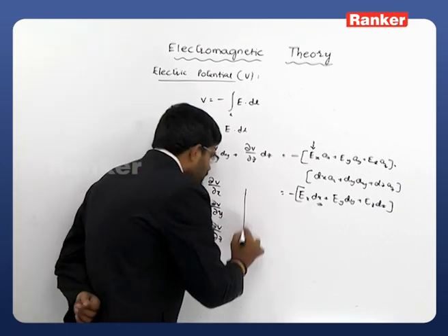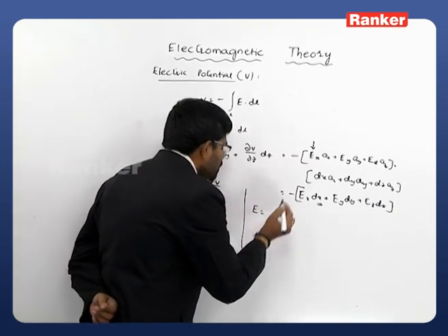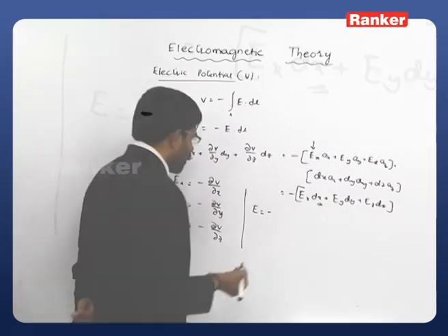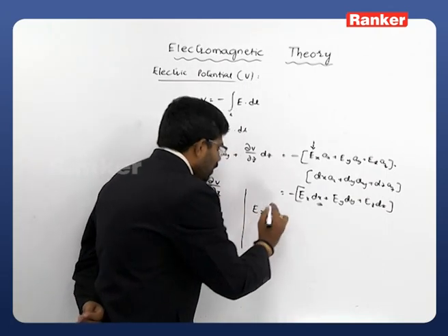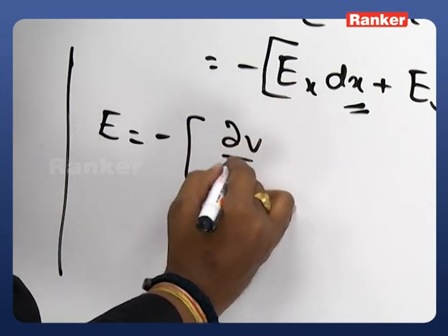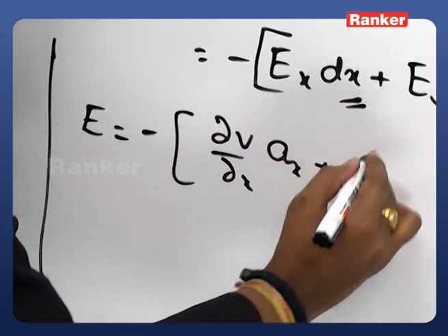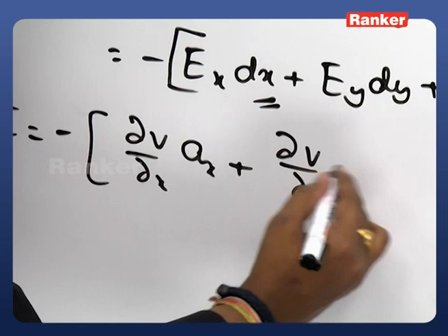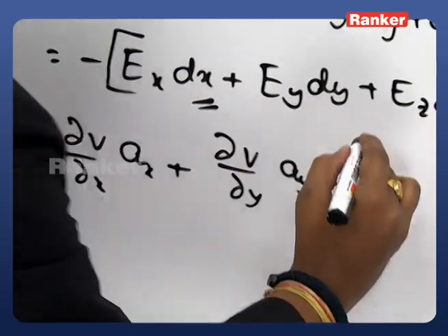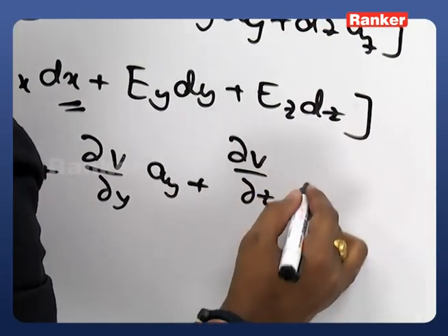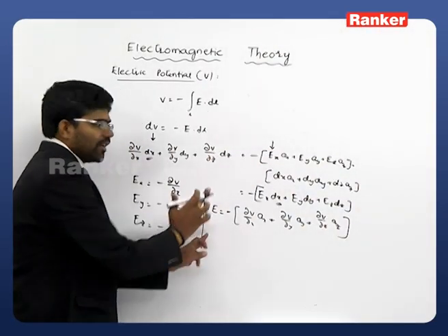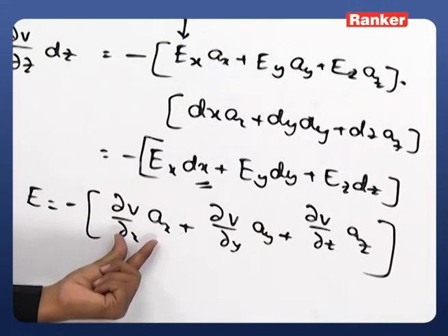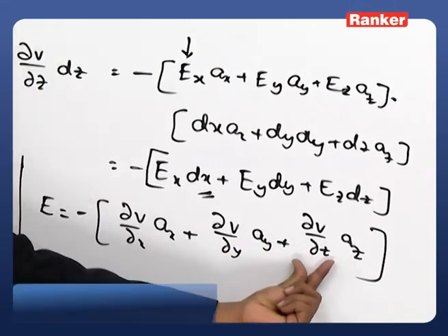So the electric field intensity equation now can be written as E is equal to minus of dou V by dou x Ax plus dou V by dou y Ay plus dou V by dou z Az. The entire minus I took common here. So E is equal to Ex Ax plus Ey Ay plus Ez Az.